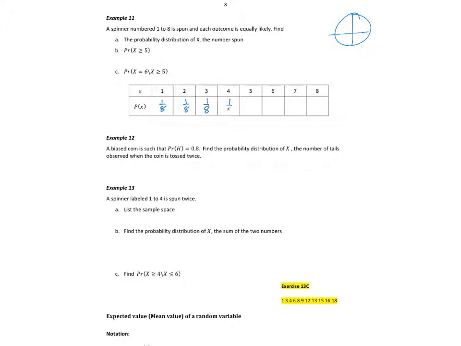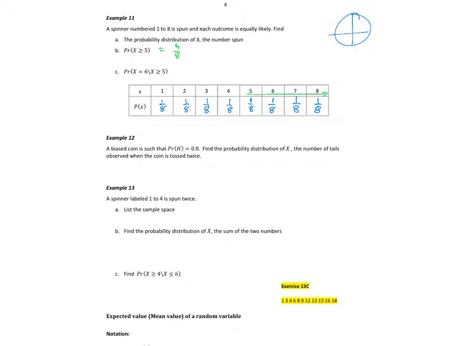Now to find these probabilities, we might need to do different things to fill in our table, but there's my probability distribution. What's the probability that x is greater than or equal to 5? Greater than or equal to 5 is these ones here, and that's simply equal to 4 lots of 1/8.